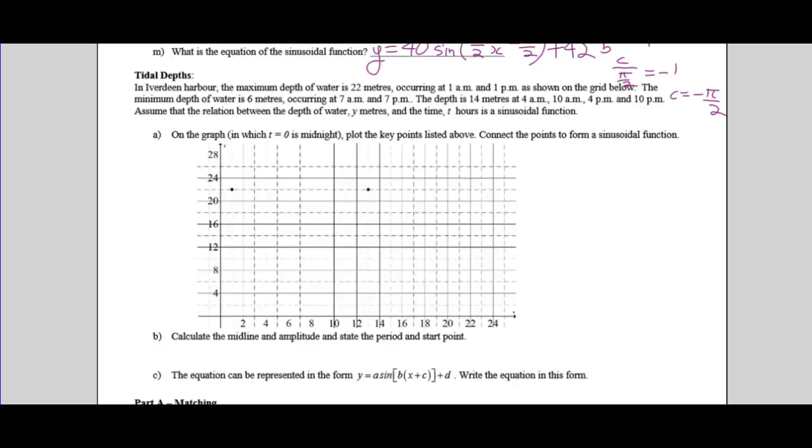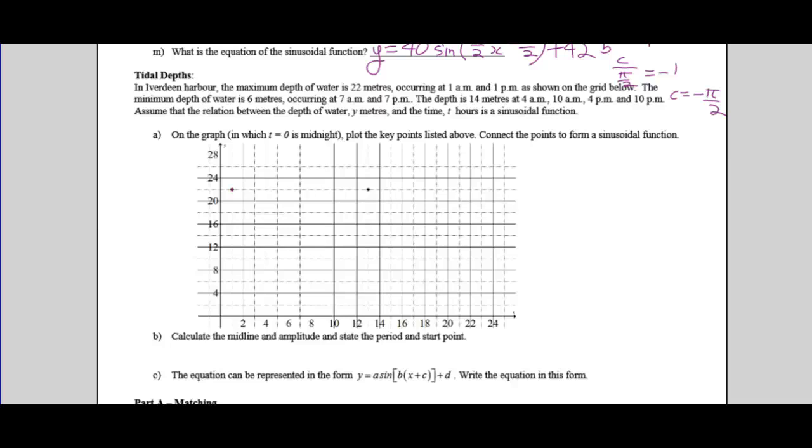So, in Aberdeen Harbor, wherever that may be, the maximum depth of water is 22 meters, occurring at 1 a.m. and 1 p.m. as shown. So that's shown. That's this point here, 1 a.m. and 1 p.m. So this will tell us here, it's hours after midnight, right? So 1 p.m. is 13 hours after midnight.